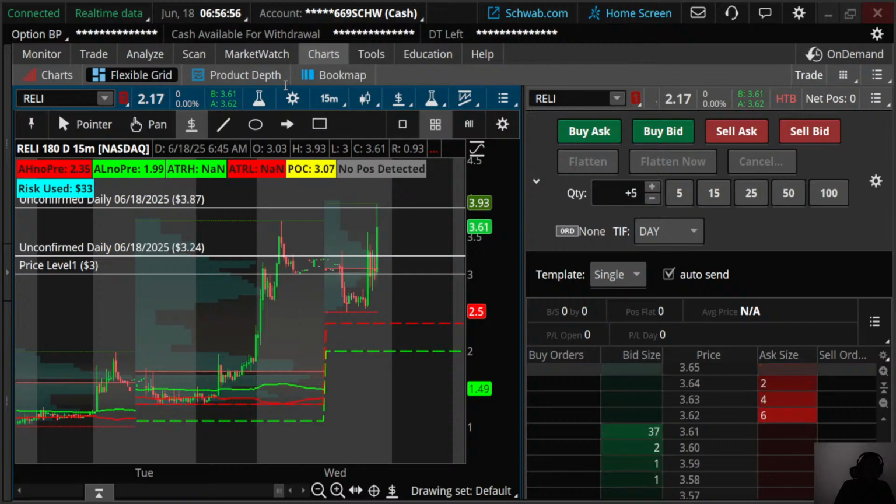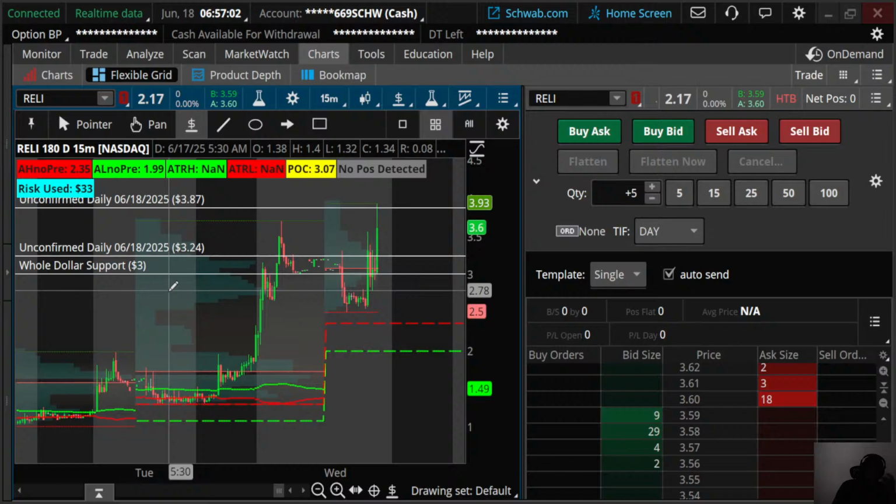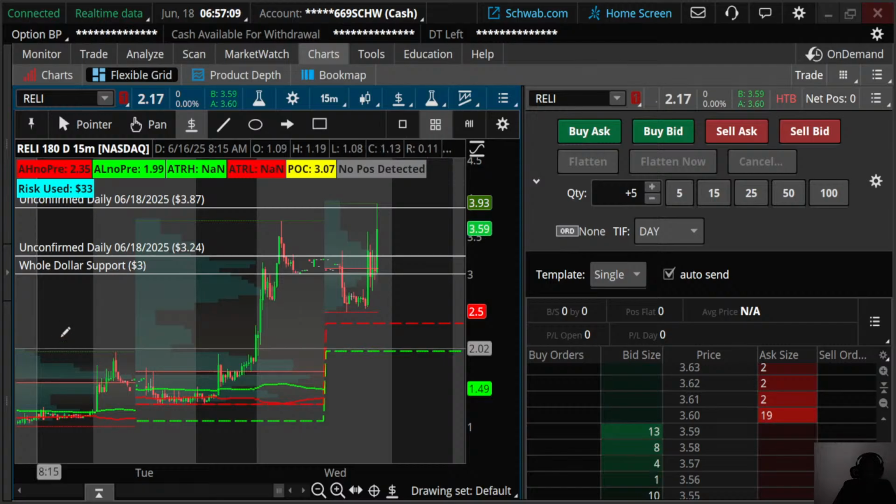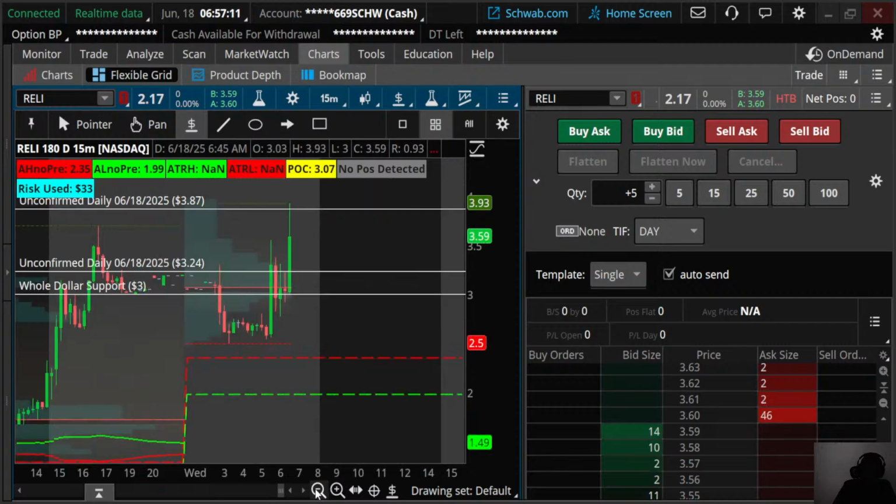So we'll call it support for now. We'll see how it acts on that $3. Whole dollar support. But yeah, interesting that it's getting kicked up now.